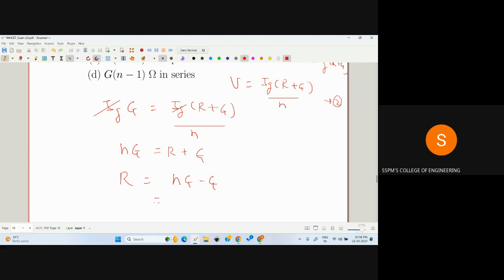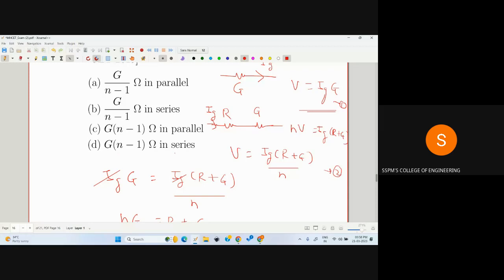The new resistance is G into N minus 1. Which one is it? This, in series, G into N minus 1, is the correct option.